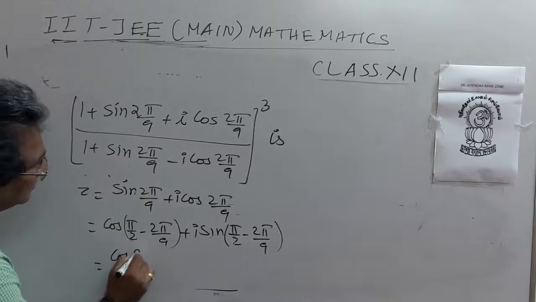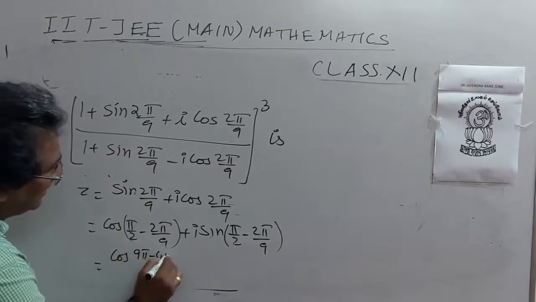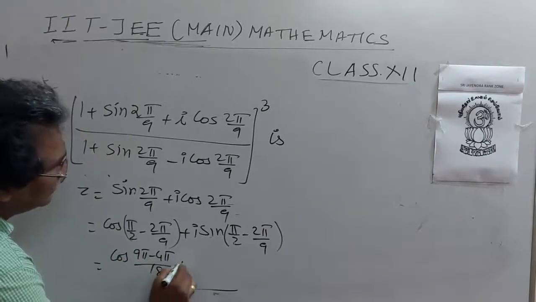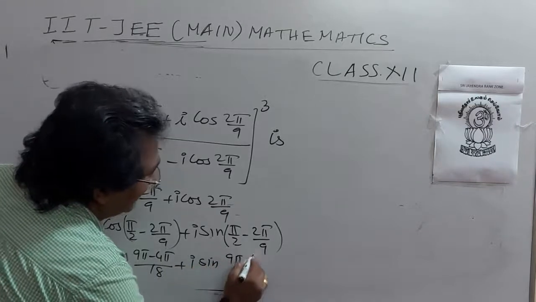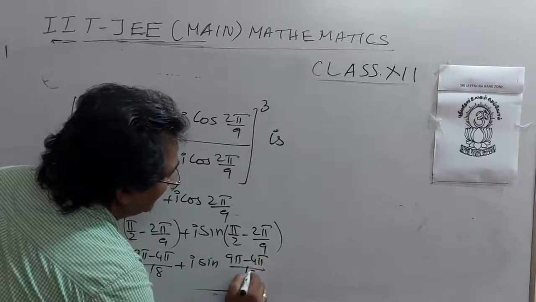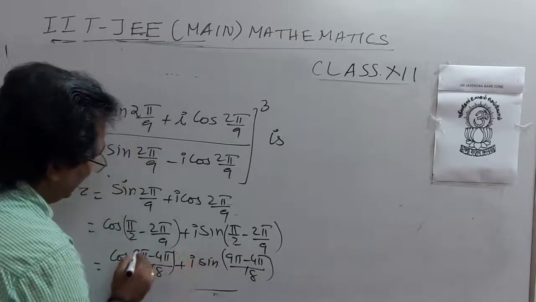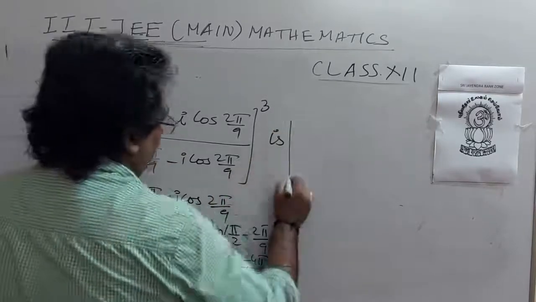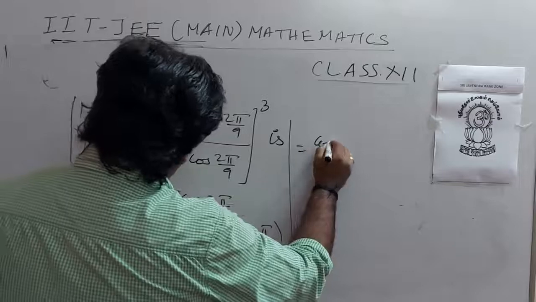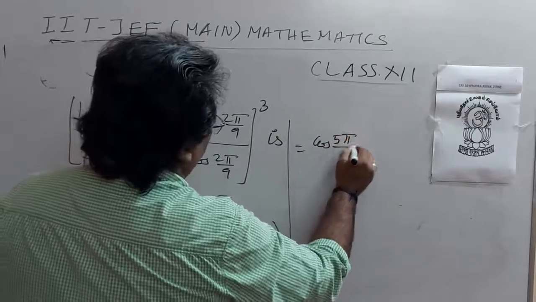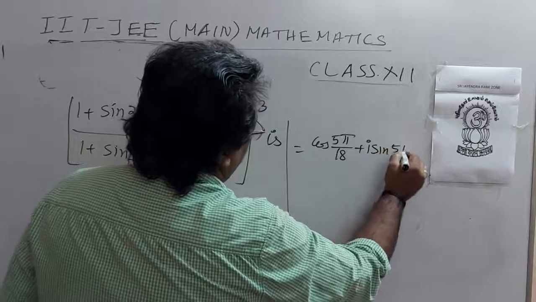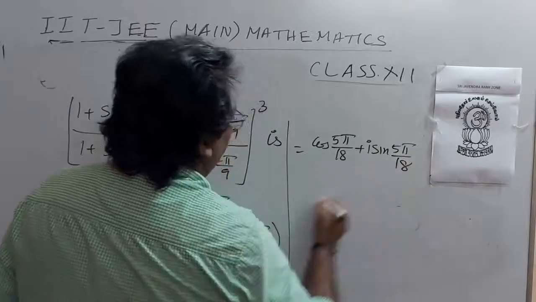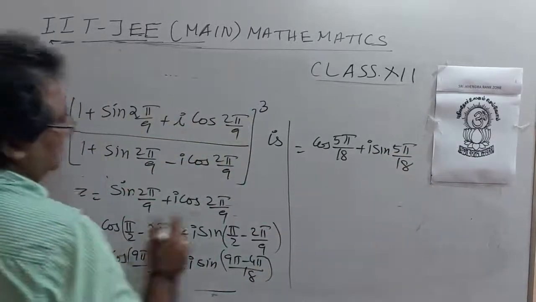Cos(9 pi minus 4 pi by 18) plus i sin(9 pi minus 4 pi by 18), that is cos 5 pi by 18 plus i sin 5 pi by 18.